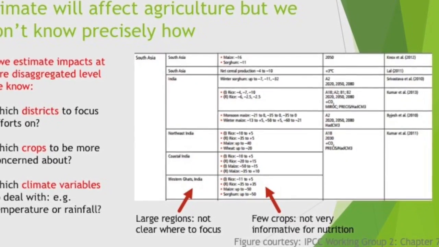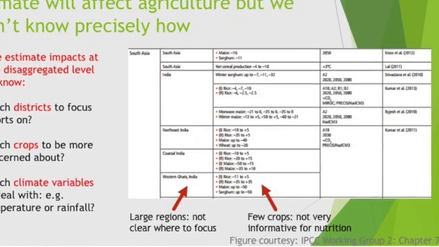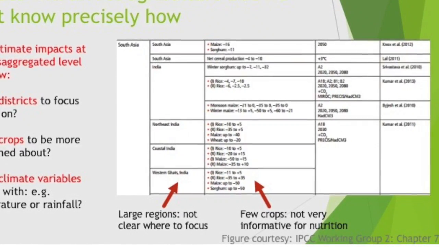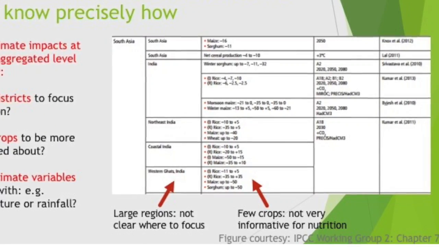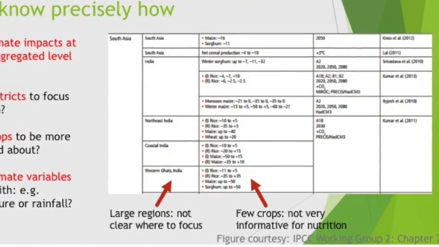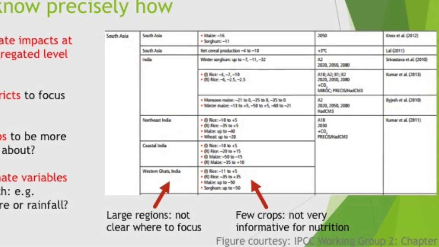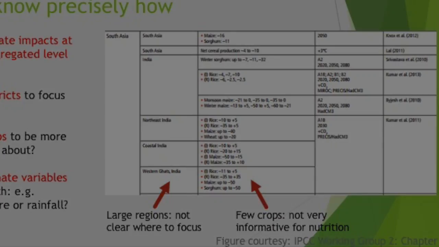often the impact reports or research talk about very few crops. So it's usually the staples, rice, wheat, and then maybe maize, maybe sorghum, but usually that's where the list ends.